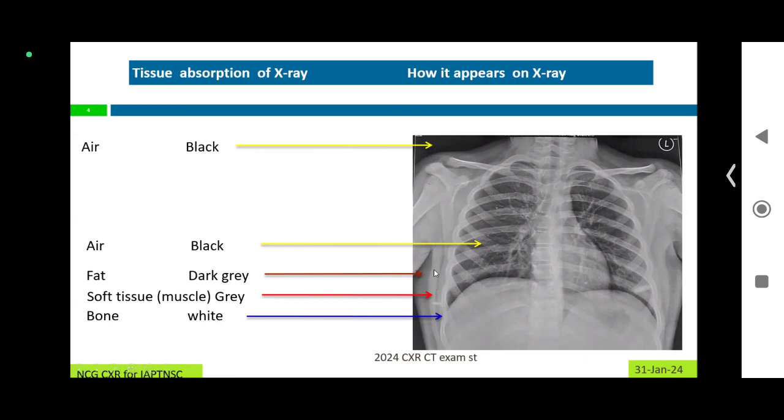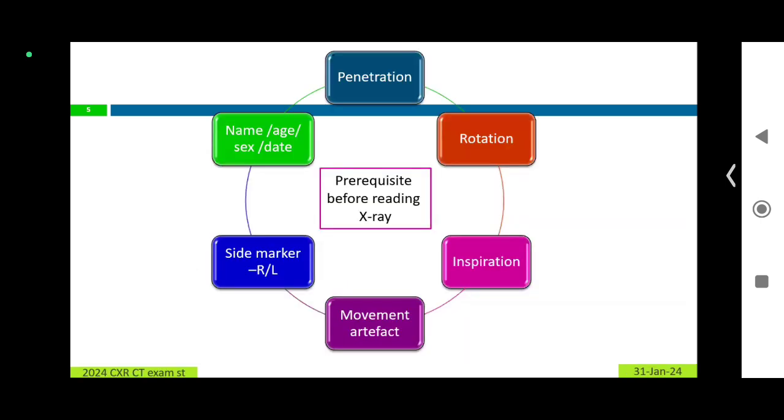We have two soft tissues, one is muscle, and another is subcutaneous tissue. The muscle appears denser, the subcutaneous tissue less dense. But look at the bones, they are white in color. This is the differential absorption of X-ray by the different body tissues.